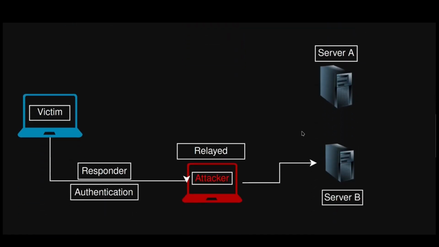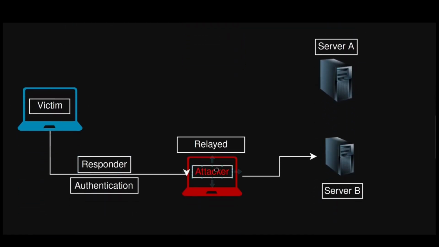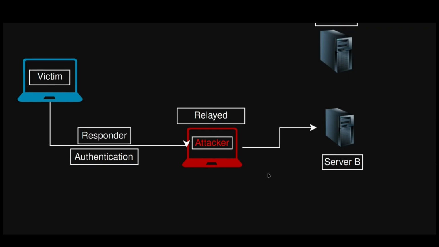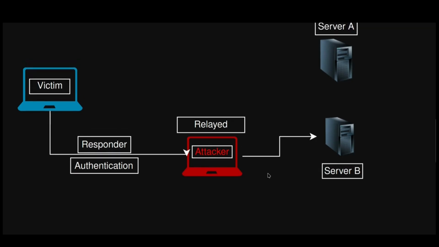So the attacker's responder will reply and actually relay the credentials that the victim has transferred to a different share that he wants to access. Suppose server B's Aldert or Albert or anything. Because NTLM does not have session security, it can be relayed and used by anyone. You don't even have to crack the password. You don't even have to capture the hash. You just have to relay it.